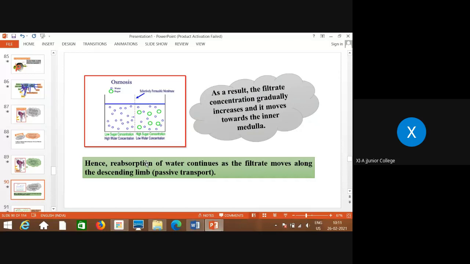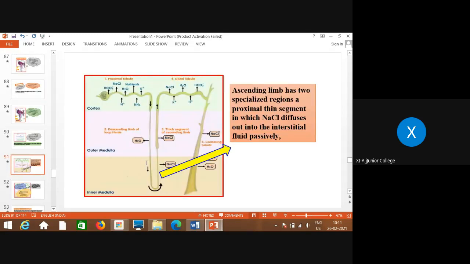So reabsorption of water continues as the filtrate moves along the descending limb by passive transport. Now, this is what I had shown with the help of this diagram, that NaCl is removed, or it gets diffused, from the limb because it is permeable to the electrolytes.